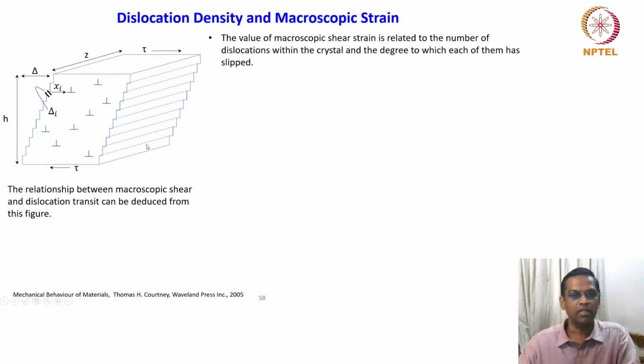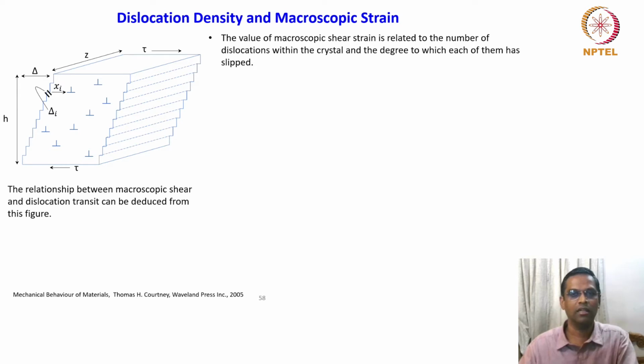So how do we understand this? The value of macroscopic shear strain is related to the number of dislocations within the crystal and the degree to which each of them has slipped. So the total strain stored in the material has something to do with what each individual dislocation experiences inside the crystal.